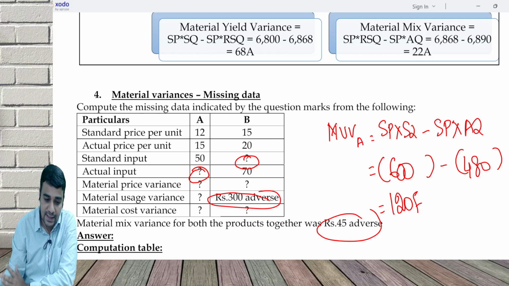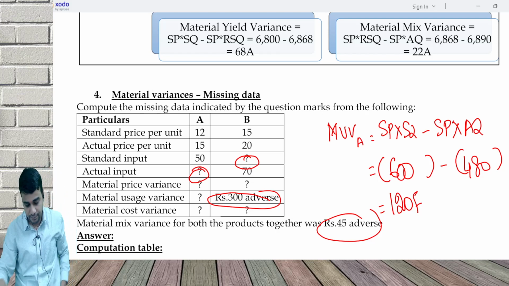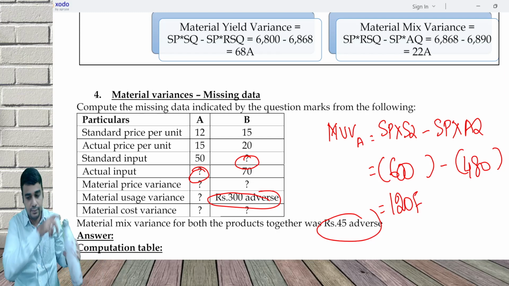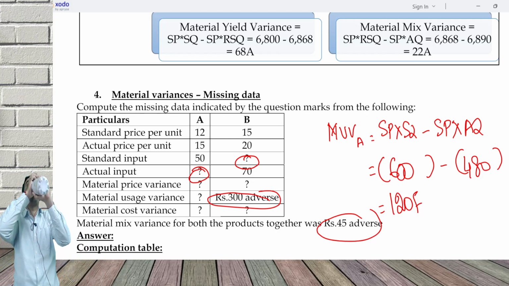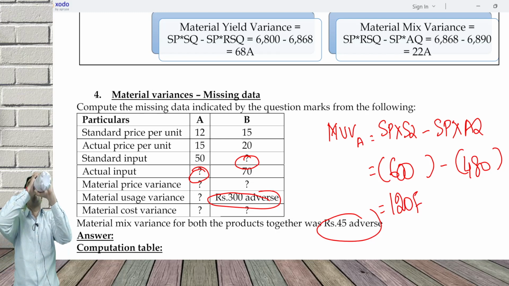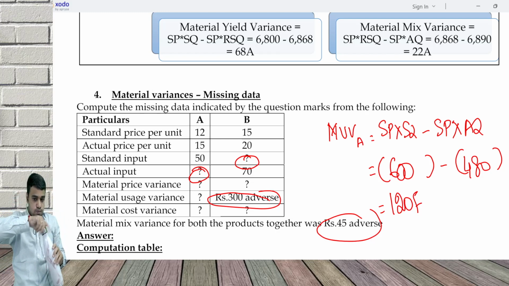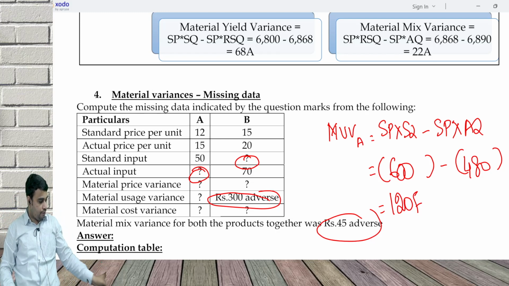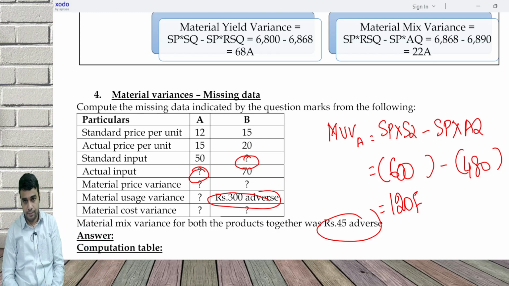Material cost variance A separately, B separately.